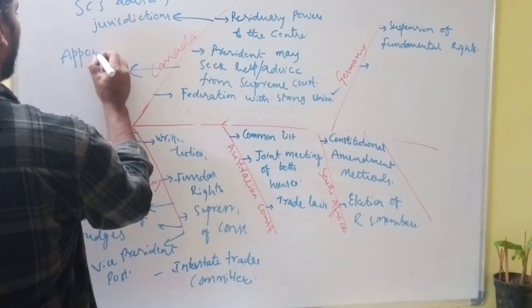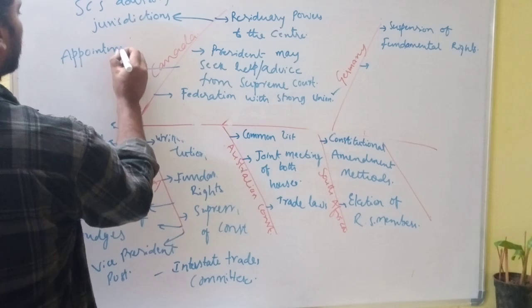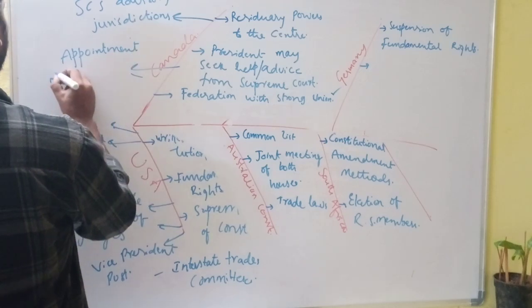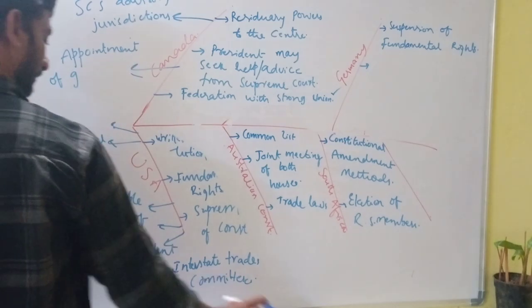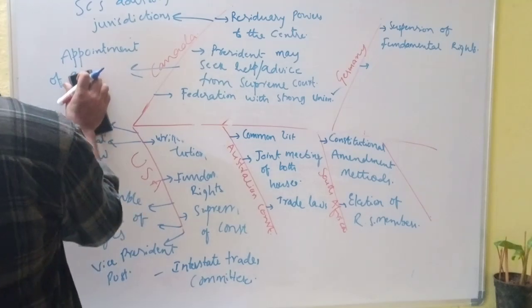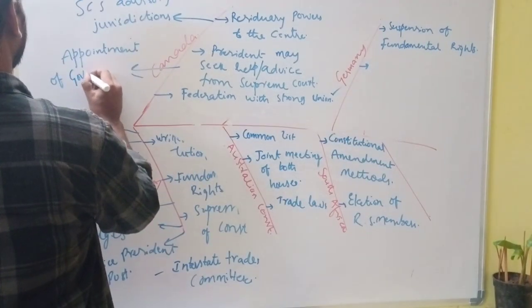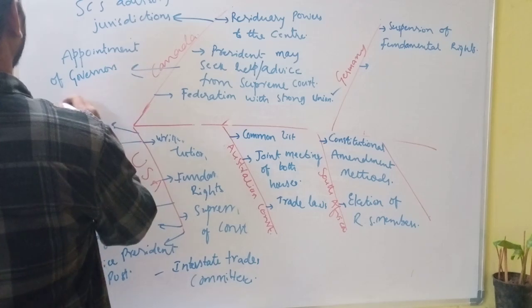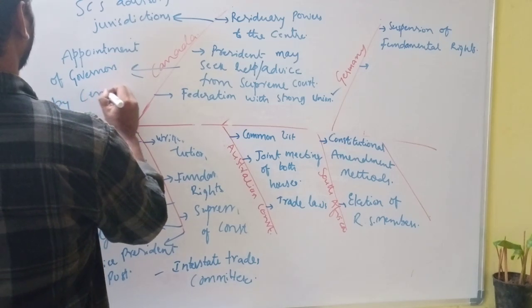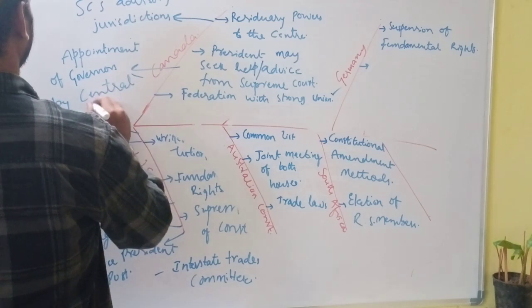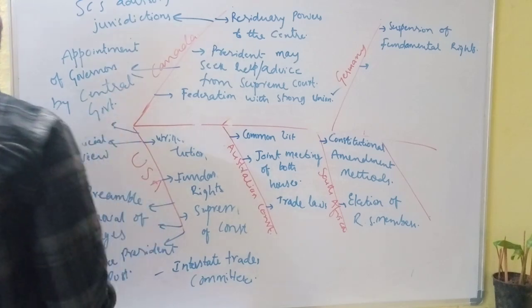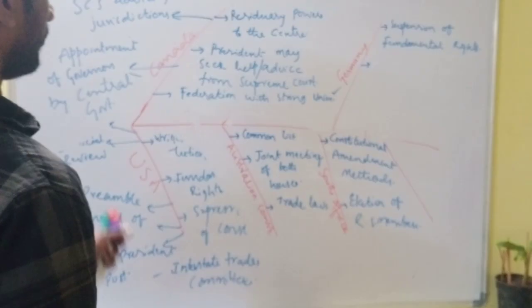The central government, right? Appointment of governors by central government. So the governor acts as agent of the central government.